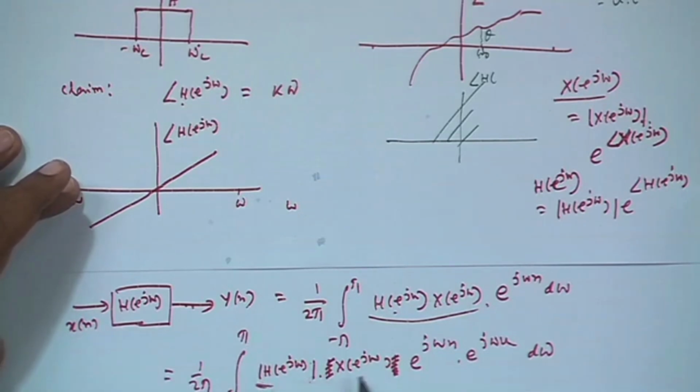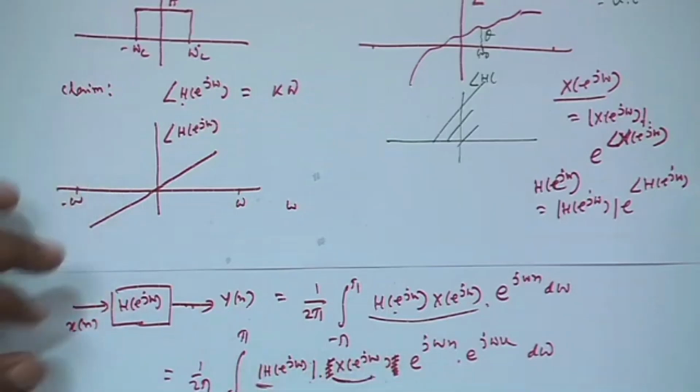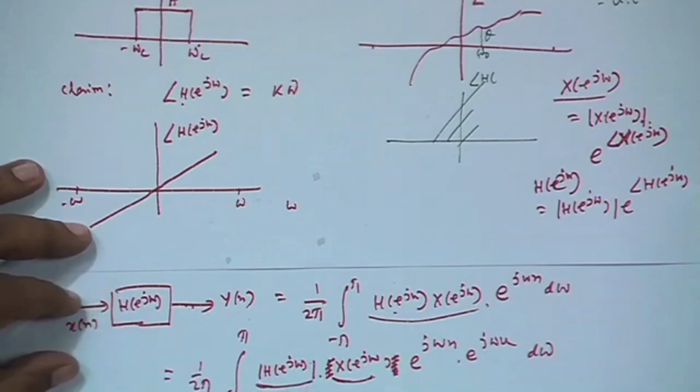It is constant A, but this DTFT is 0 outside the band. Okay. So, even if you do not consider from minus omega c to omega c, you go from minus pi to pi, this fellow will be 0 in that range. So, integral will not change. And this is constant A over this band, right.